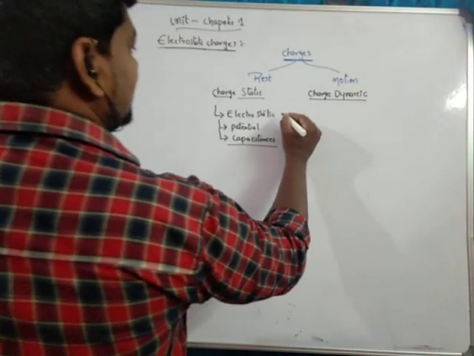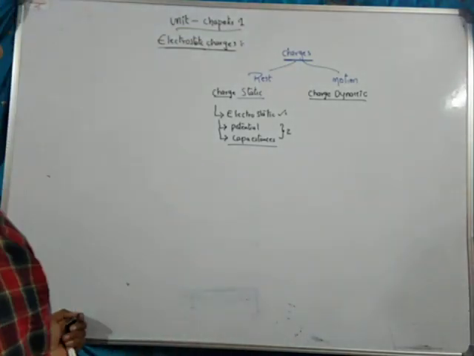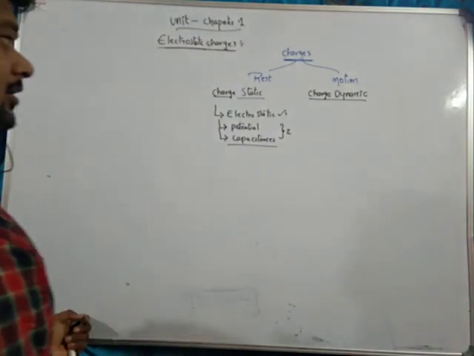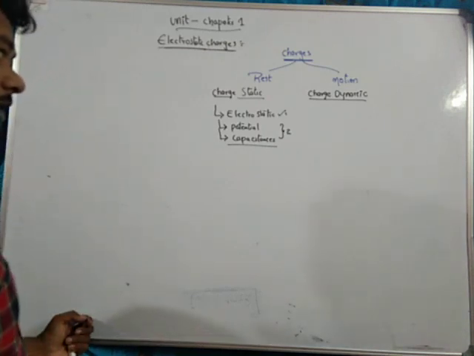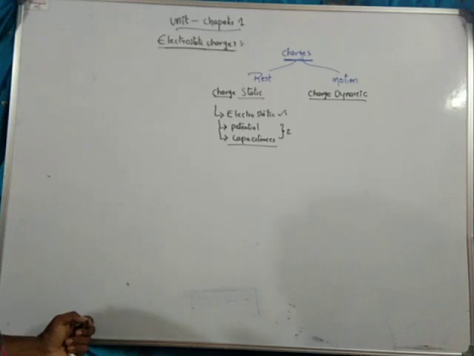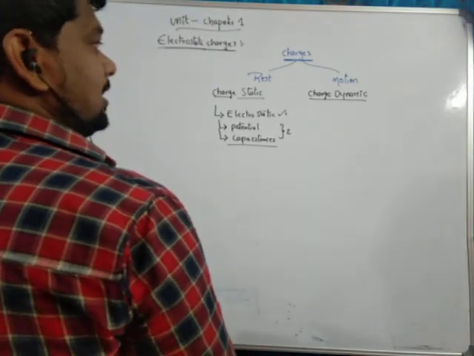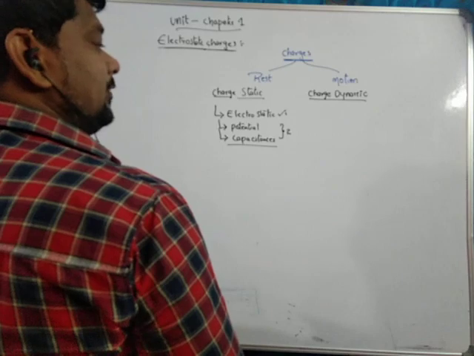This will be unit 1 and these two will be unit 2. So whenever we want to study a charge in rest, there we will study three concepts: electrostatics, electrostatic potential, electrostatic capacitance. Similarly, if you consider charges in motion, then we call it dynamic.